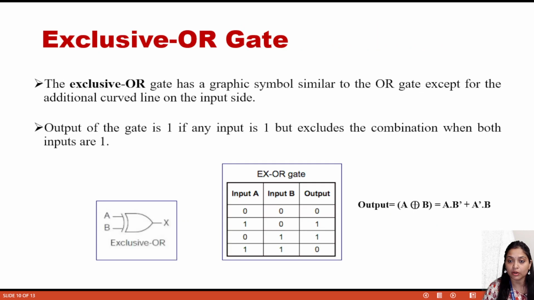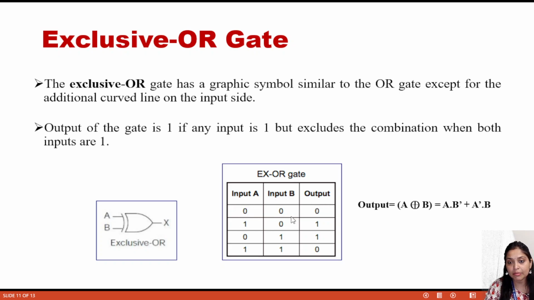Please keep watching. Okay, so now coming to the exclusive OR gate, this is also very important. Here this is the symbolic representation of the exclusive OR gate. The inputs are A and B, the output is X. So here, input A, input B, output.